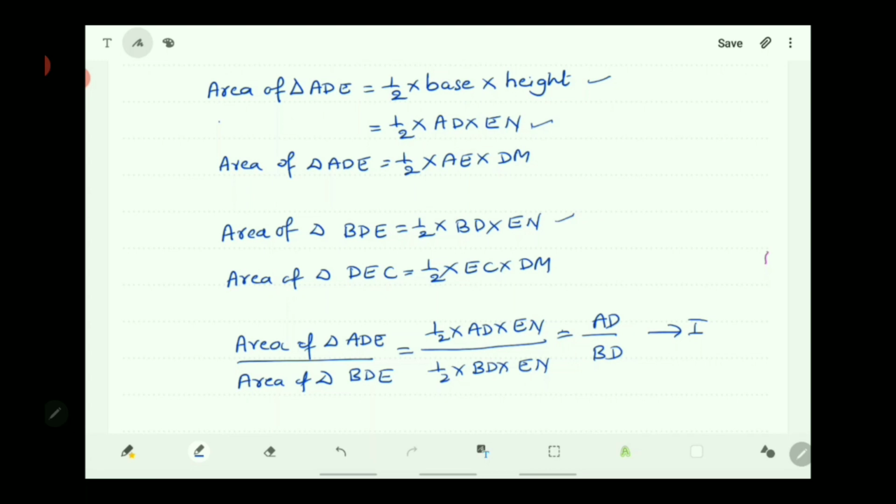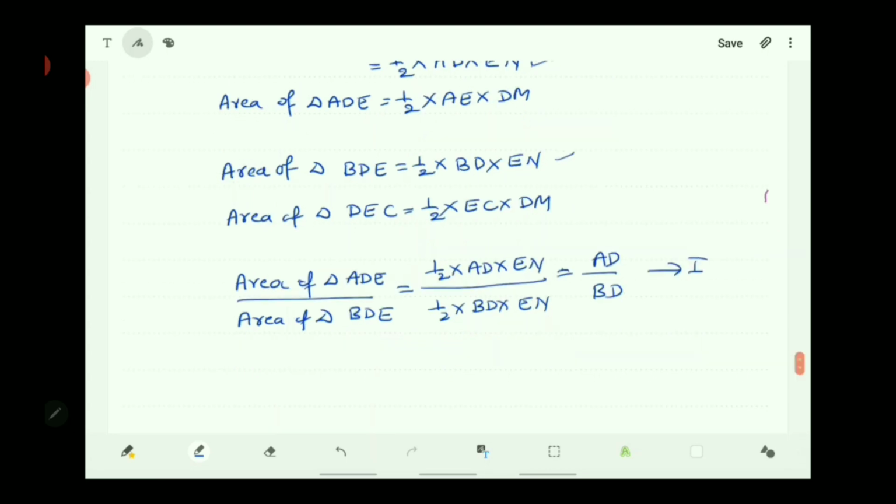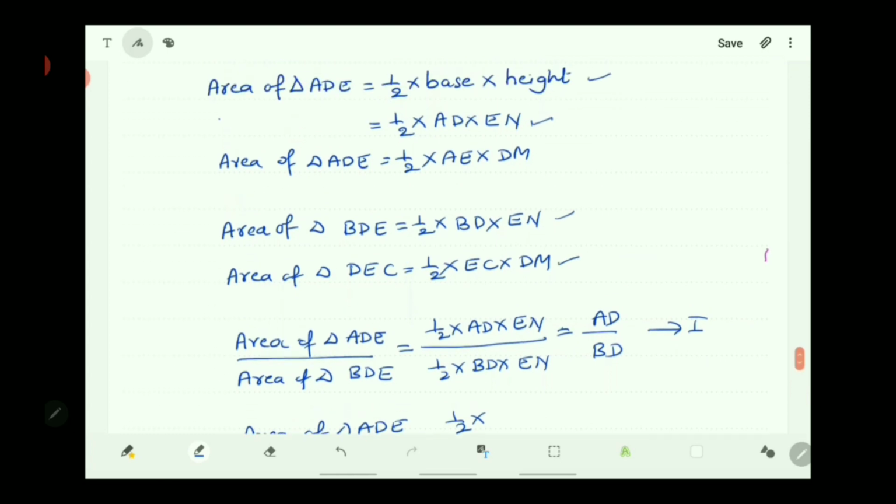AD by BD. Next you take the ratio by taking the same triangle ADE, area of triangle ADE by the area of the other triangle DEC. Again, it is half into the base, and for DEC, DM is the height.